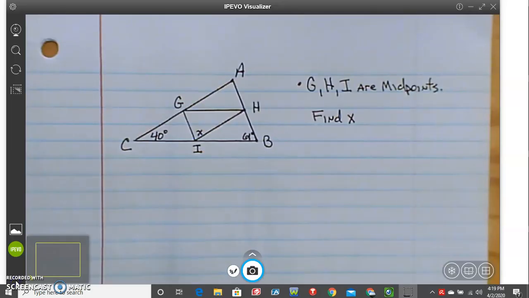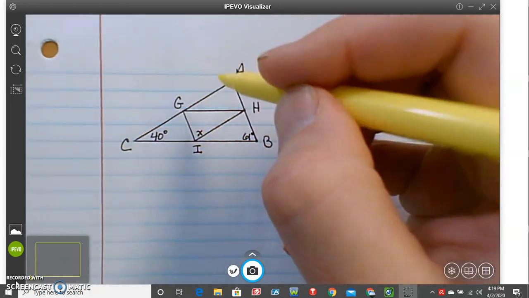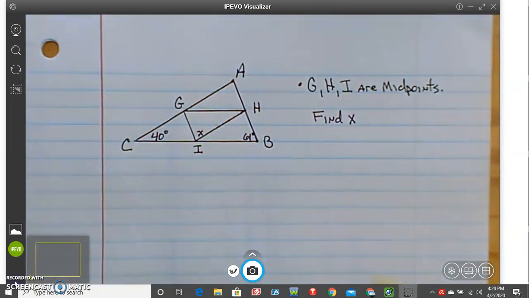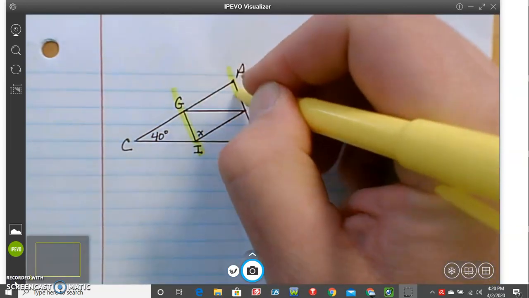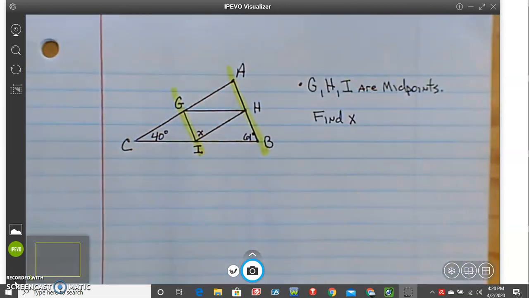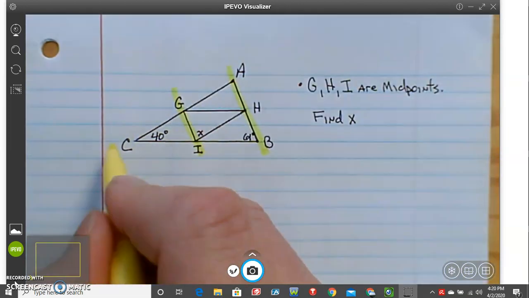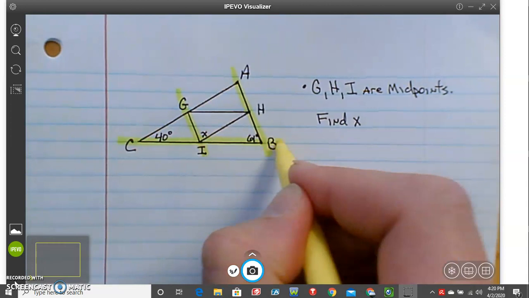Let's take a minute to look. Here we are with our same triangle, and I've already recognized which ones are midpoints. I'm trying to find angle X, angle GIH. I'm going to start with GI, and recognize that GI and AB are parallel, giving me two parallel lines and a transversal.